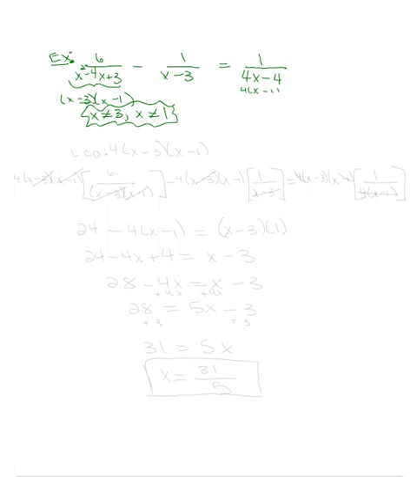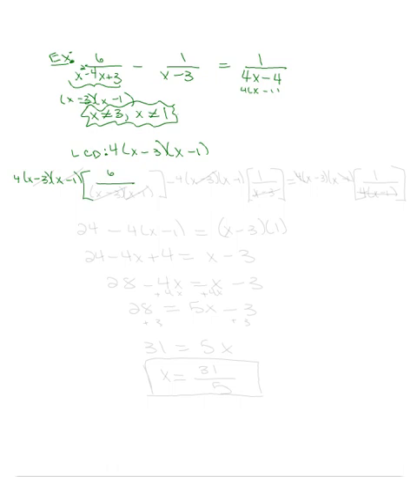Now, we factored each denominator, and so our LCD this time is x minus 3. We only need one of those. We need x minus 1, but we also need a factor of 4. If we multiply all terms, both sides, by this, we will clear out the fractions and once again make this look a lot nicer.